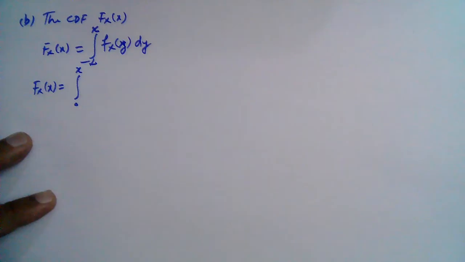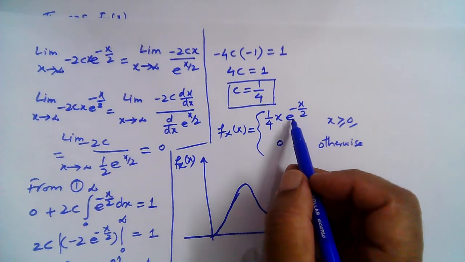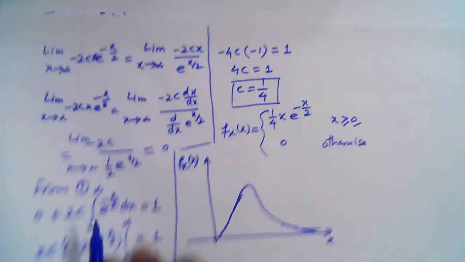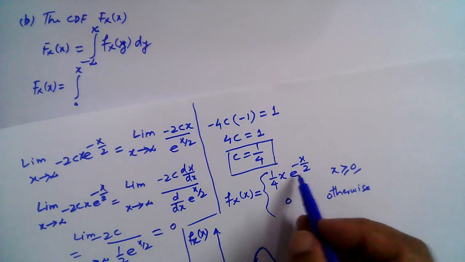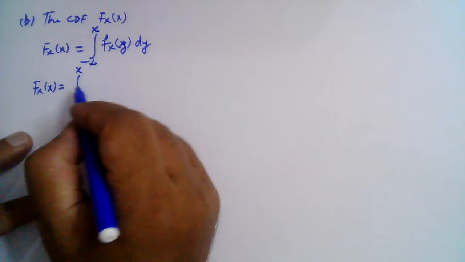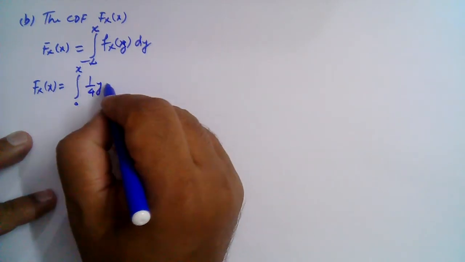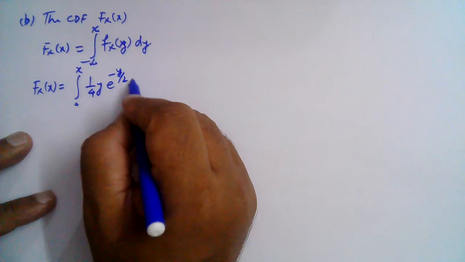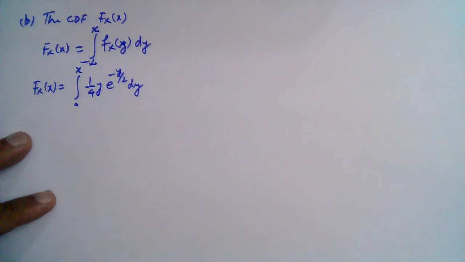And the PDF, we have already found the value, 1 over 4 x e raised to the power minus x over 2. But we will write it in terms of the dummy variable here. So we will replace x with y, right? So this will be 1 over 4 y e raised to the power minus y over 2 dy. So y is a dummy variable that we are using here.